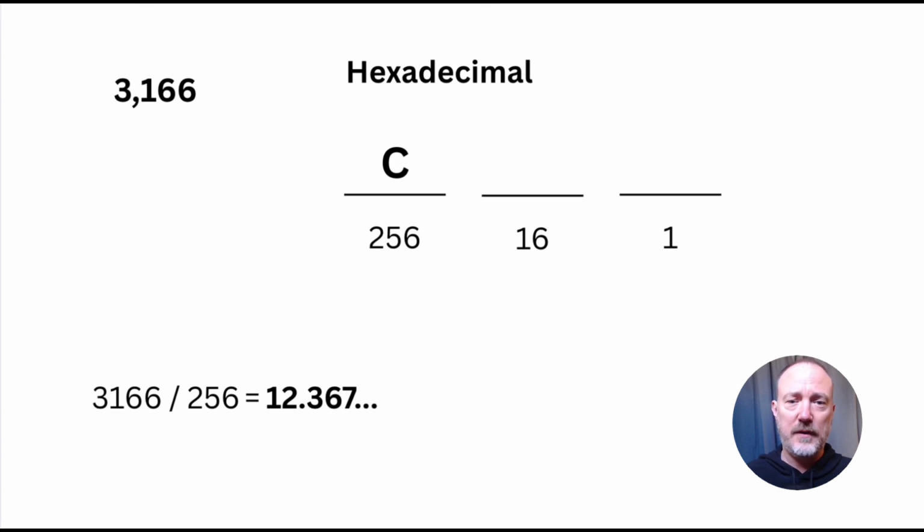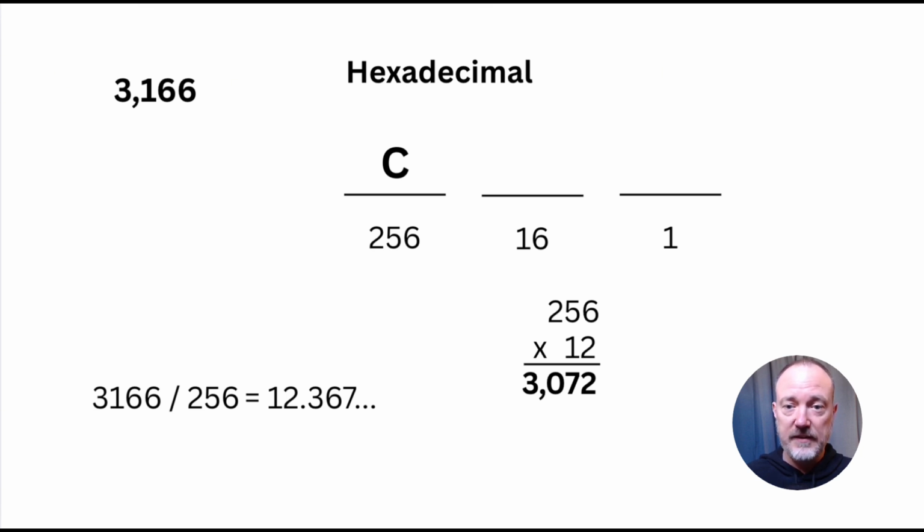So the next thing is we have to figure out how much of that 3,166 is accounted for by putting a C in the 256 place. To figure this out, we have to multiply 256 times 12 because that's what C represents. So when we multiply 256 by 12, we get 3,072.